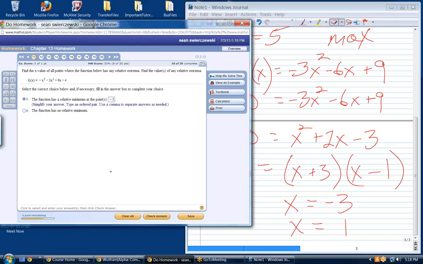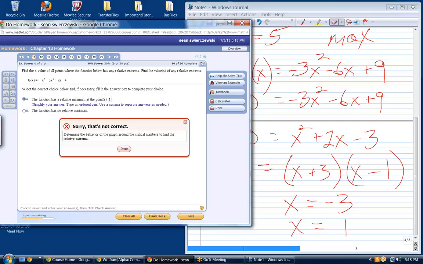We forgot to do one thing. Let's analyze the endpoints. Or you could just try 1 and see if that's it. All right. That does seem to make more sense.